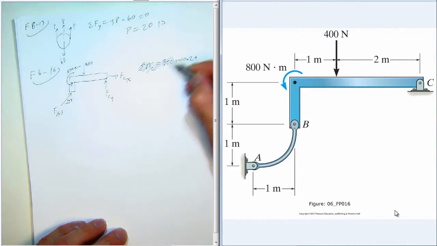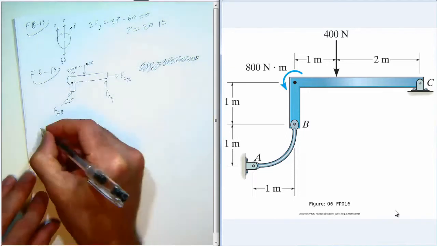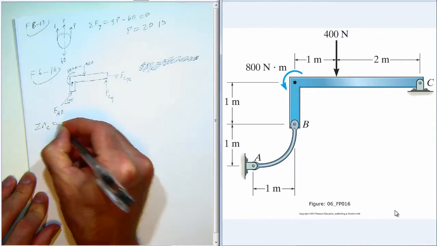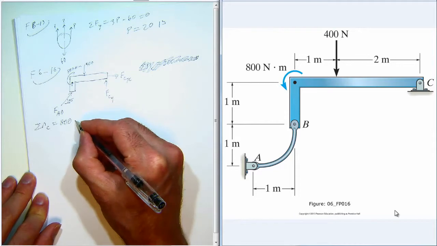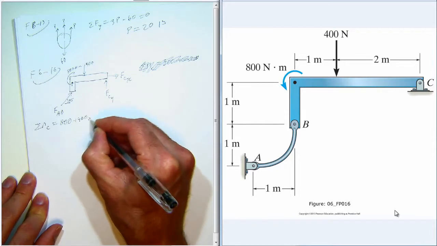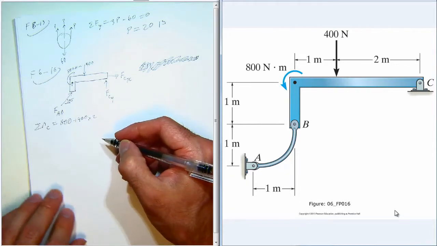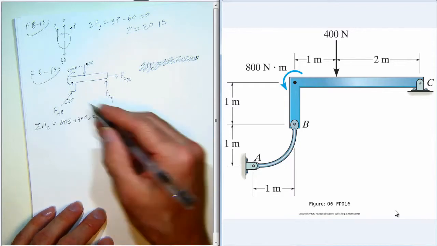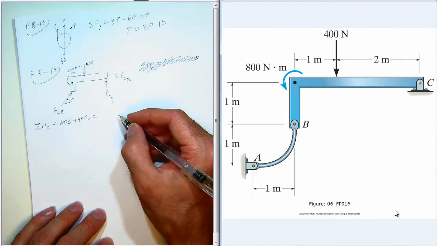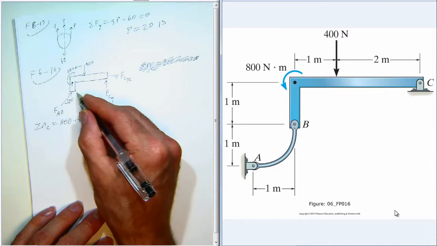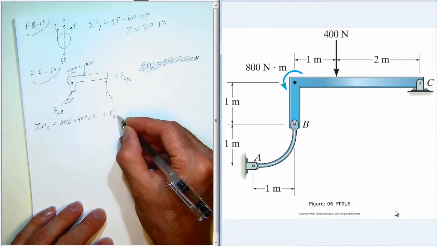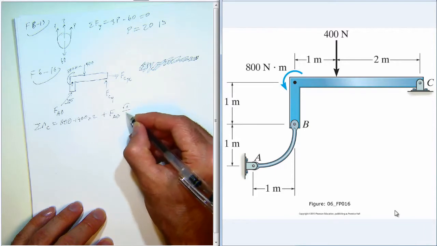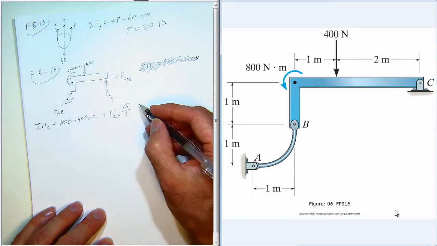Let me rewrite this where I have more room to write. Sum of the moments about C is equal to 800 from the pure moment applied plus 400 times 2. Those are the external applied loads. Then we have the X component of FAB generates a positive moment, so plus FAB cosine of 45, and that moment arm is 1.